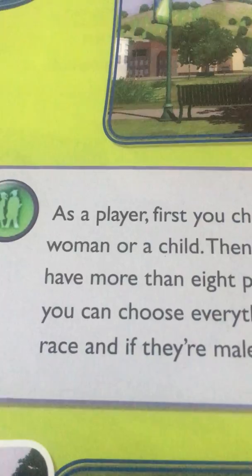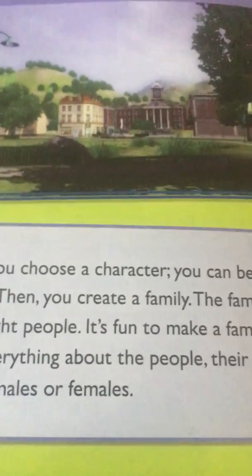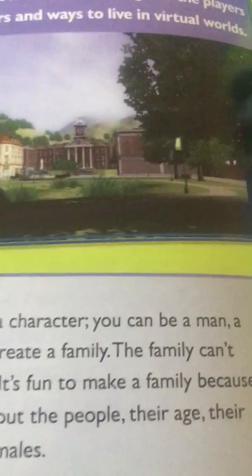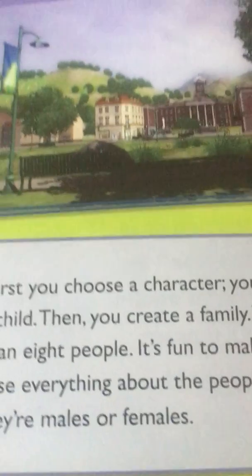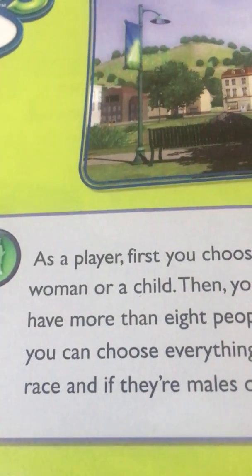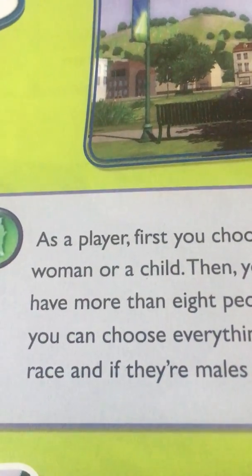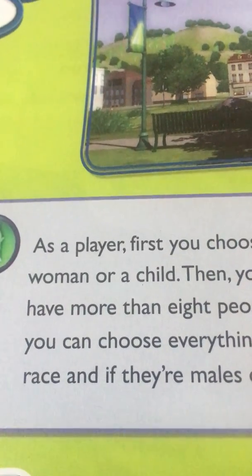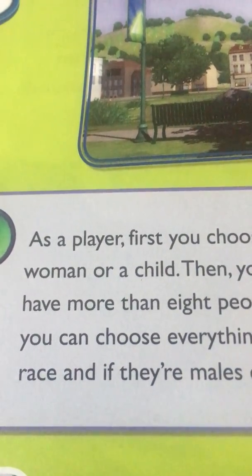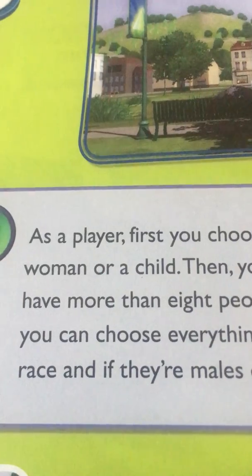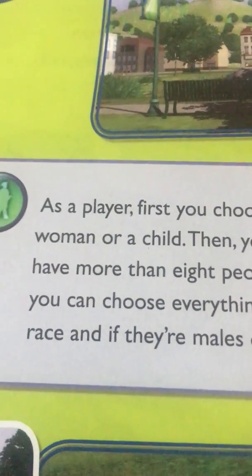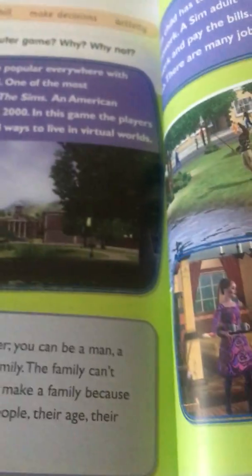I answered the first 2, or the first 3. As you can see, you could be a man, woman, or child. So you should find the answers on these pages.